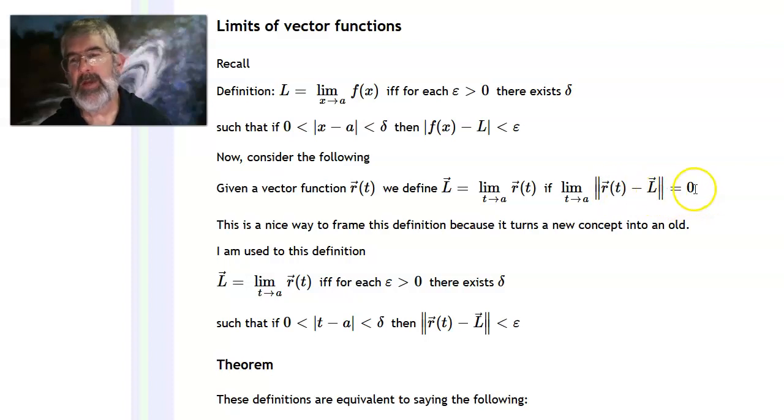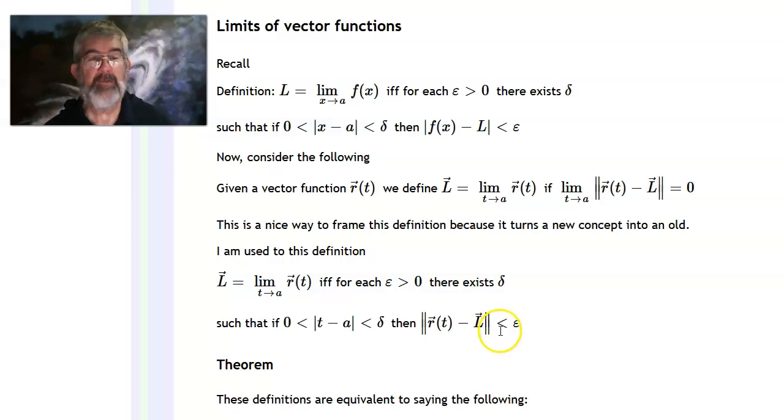Well, this thing minus 0 is just this thing, and the absolute value of this thing is this thing because this is the length of a vector, a positive number. So the absolute value of r of t minus L being less than epsilon is the same thing. So this definition or that definition are all the same.